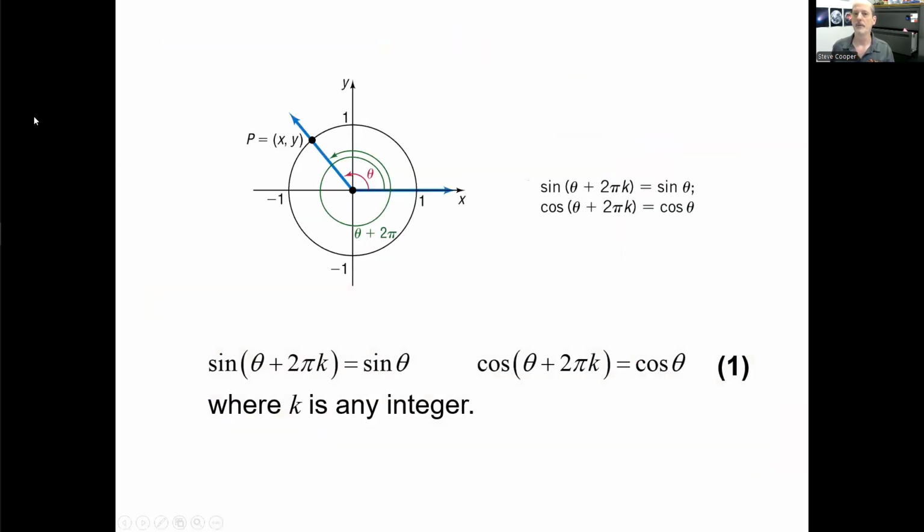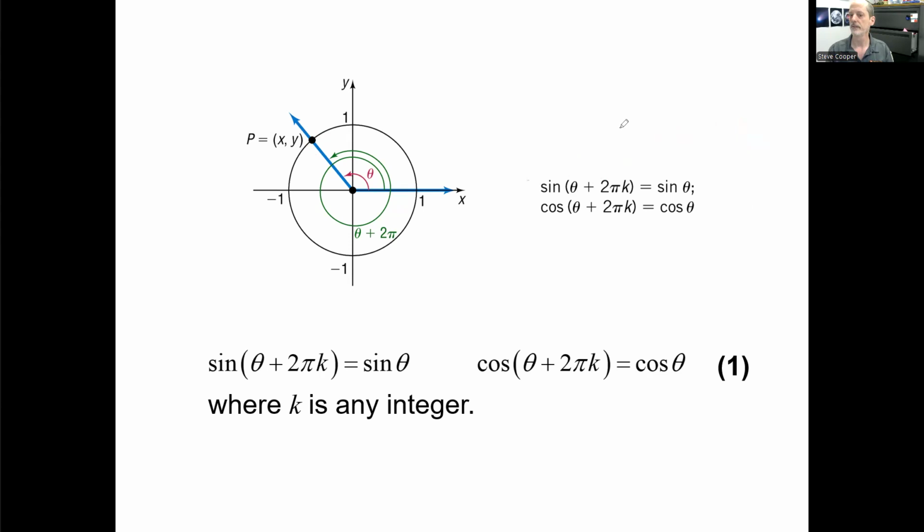So what we've really just said is that if I take some angle to begin with that we call theta, and I add some multiple of 2 pi, then I'm going to get right back to that same point. We're just going to say this is true for k equal to 1, 2, 3, 4.